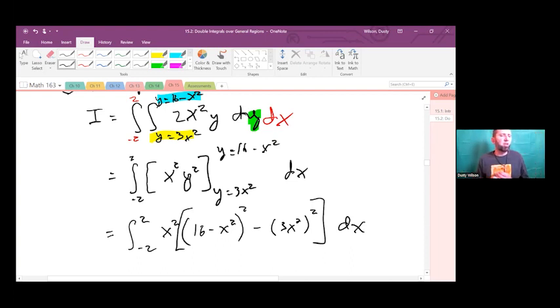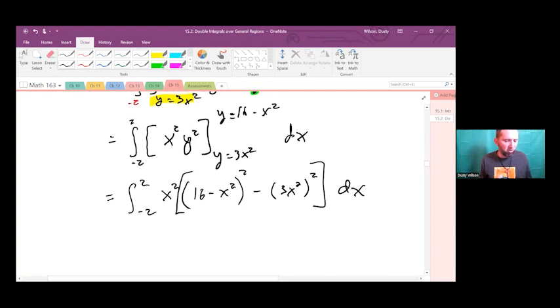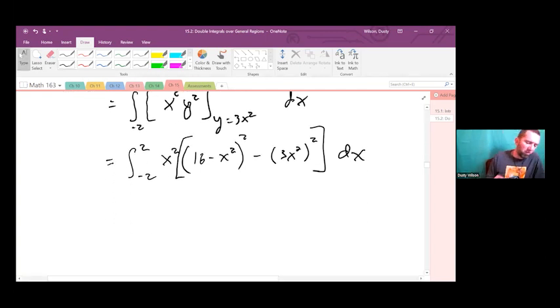Now we're left with an integral that is just in terms of x. So it looks like we're going to have a little bit of work to figure out what these puppies are.